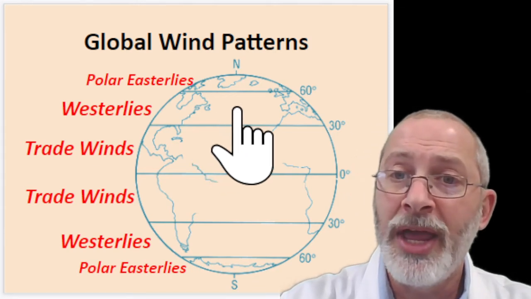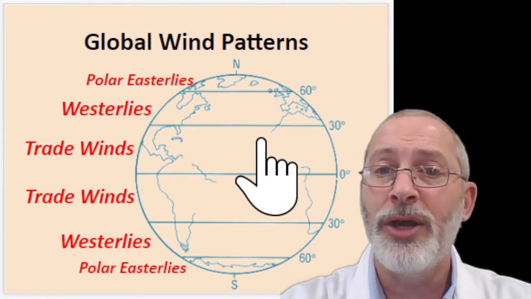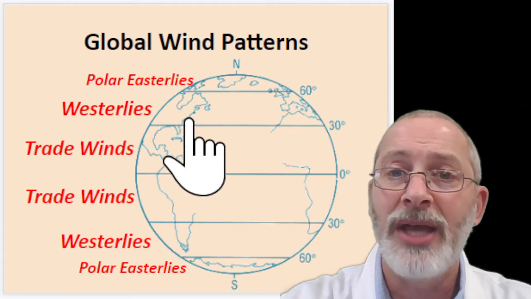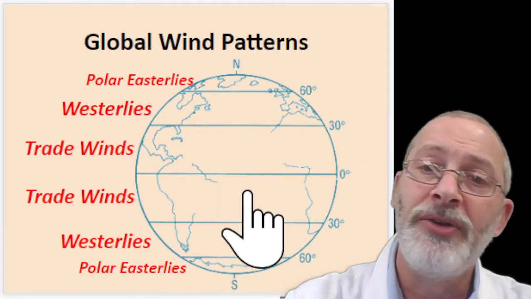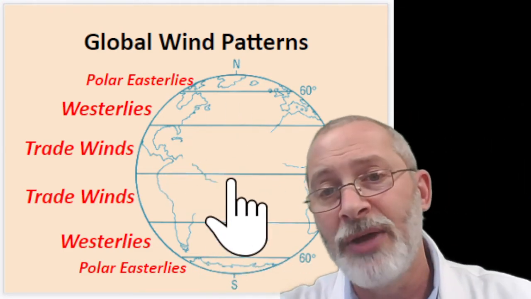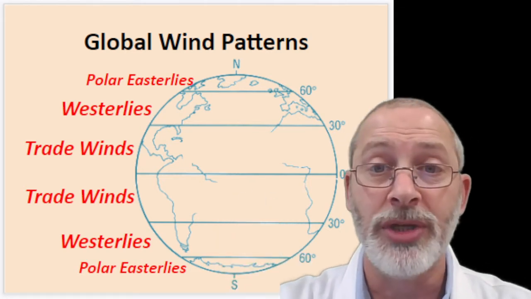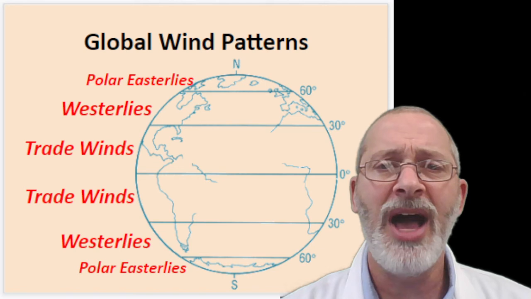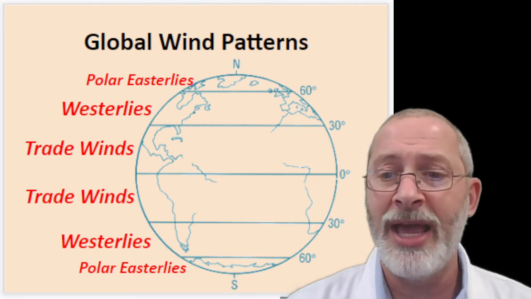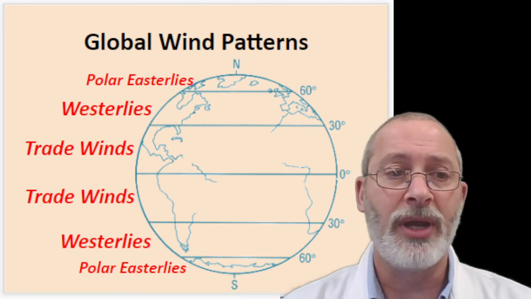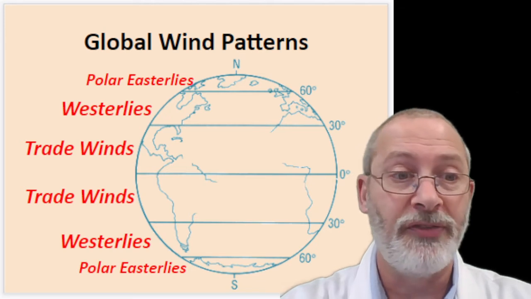In the northern hemisphere, the northern Atlantic Ocean rotates in a clockwise direction. In the southern hemisphere, it rotates in a counterclockwise direction. And that goes with the other oceans as well. So there's a lot going on here with fluid dynamics on planet Earth when it comes to the Coriolis effect.